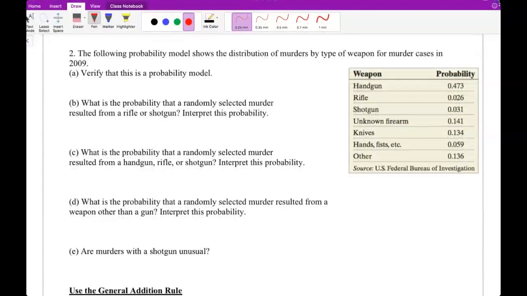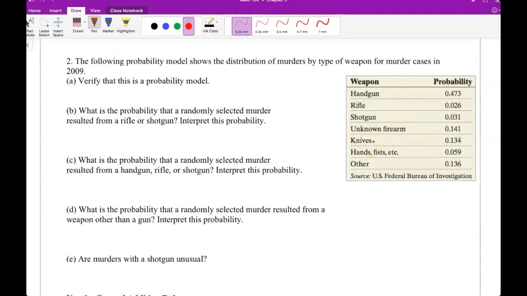Now number 2. The following probability model shows the distribution of murders by type of weapon for murder cases in 2009. Part A, verify that this is a probability model. What that means, each one of these probabilities should be between 0 and 1, and adding all of these, we should have the total equal to 1.